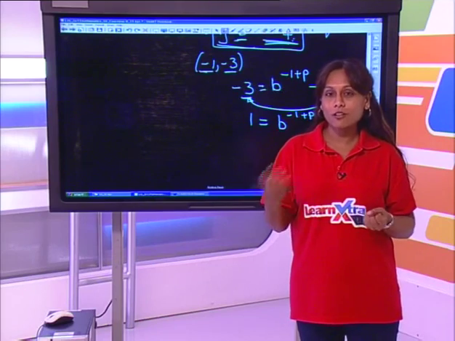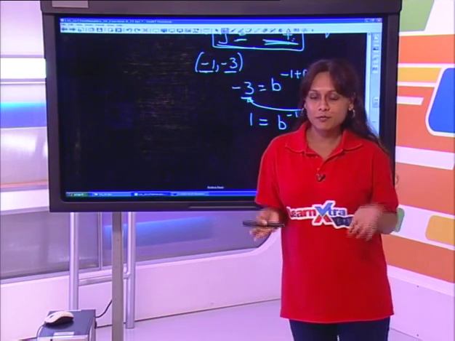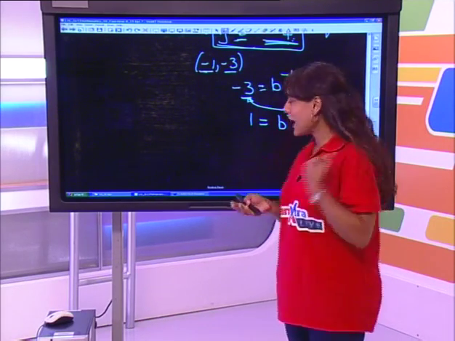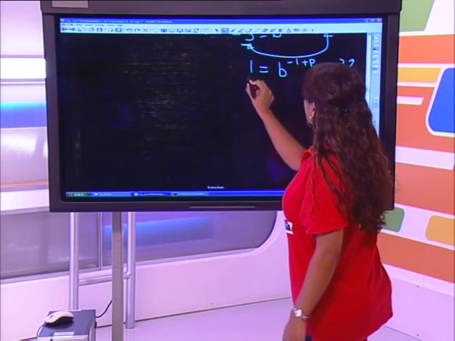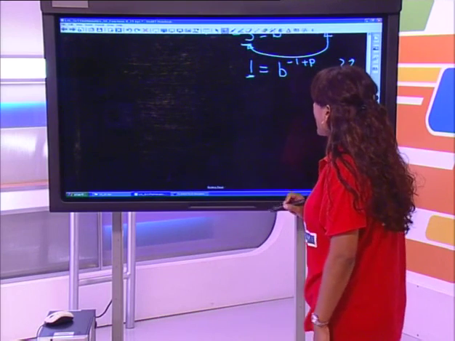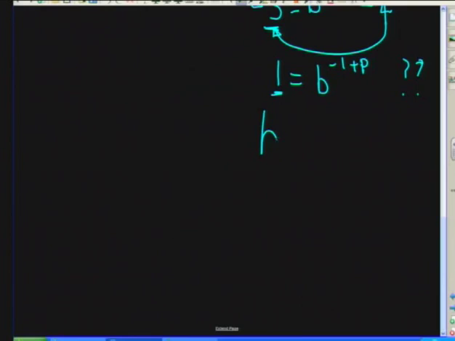The only way to solve this is to use exponential equations. How do we use the exponential equations? Well, we can rewrite 1 as b to the power of 0, because remember, where you are solving for an exponent, you need to have the same bases.